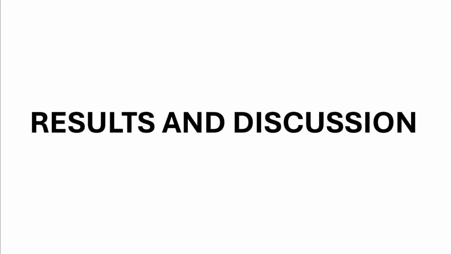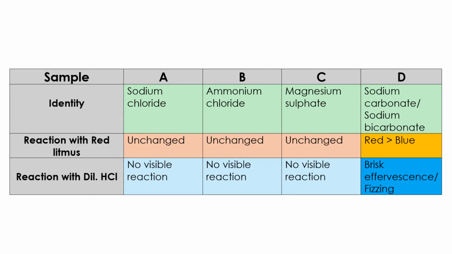Results and discussion. For the purpose of this experiment, 4 different salts were considered. Sample A was sodium chloride, sample B was ammonium chloride, sample C was magnesium sulfate, and sample D was sodium carbonate or sodium bicarbonate. Carbonates and bicarbonate salts are classified as bases.